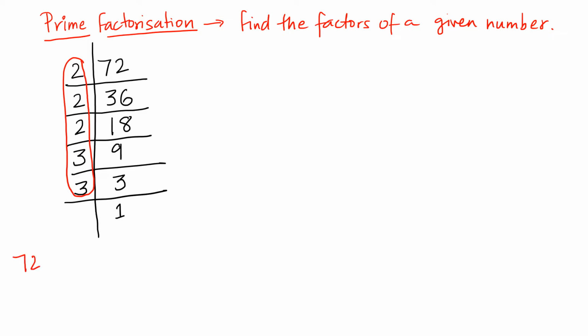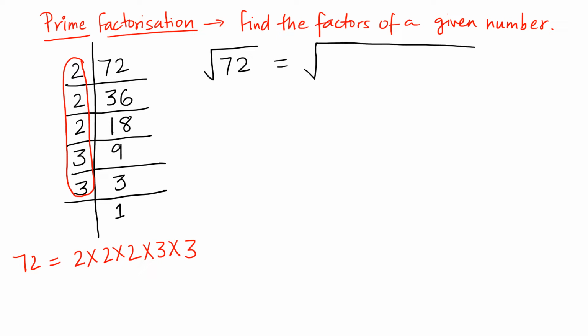So I can write my 72 as 2 multiplied with 2, 3 times, and 3 multiplied with 3 in a pair. Now, for example, you get your question in the exam to find the square root of this 72. That means this is equivalent to finding the square root of 2 multiplied with 2 multiplied with 2 multiplied with 3 multiplied with 3.